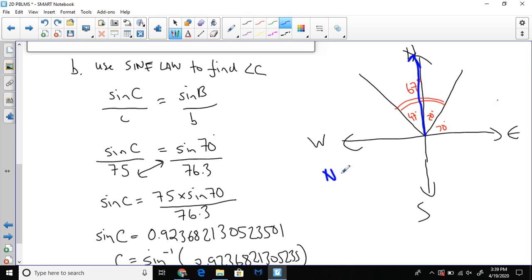So I could say north, 47 degrees west. From this point, because this is point C, I want to get to A. What bearing should you travel? North, 47 degrees west. All right? So that would be the answer for that one.